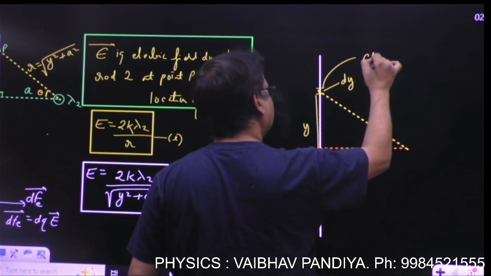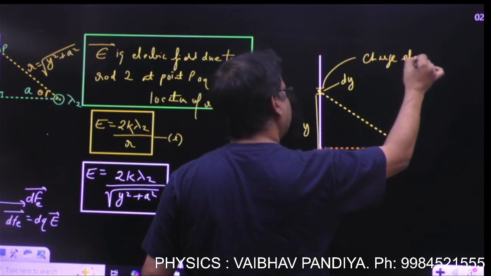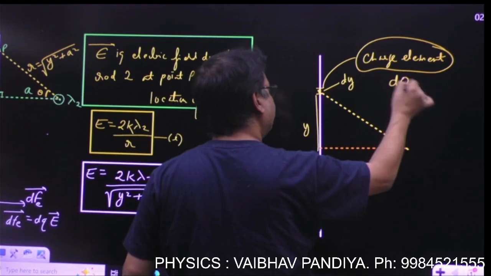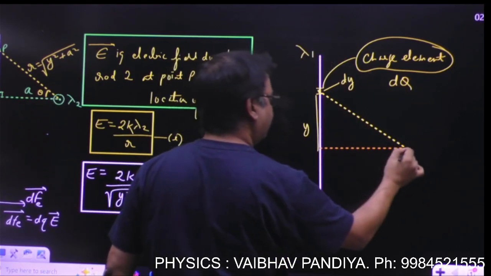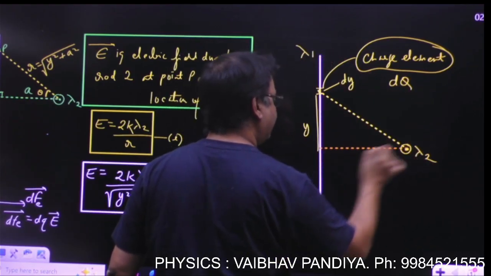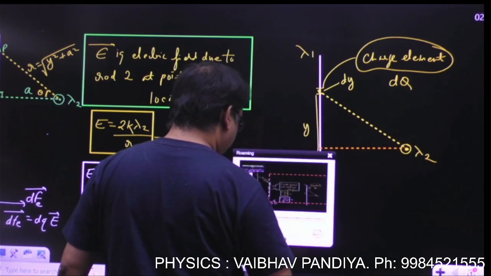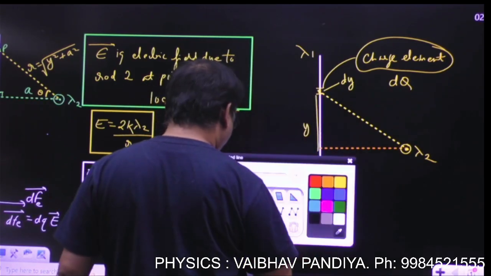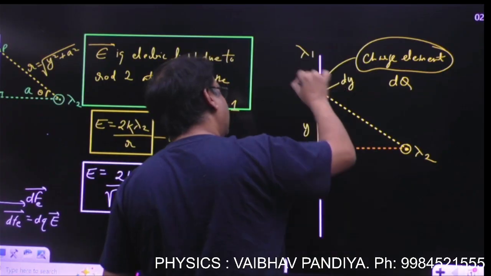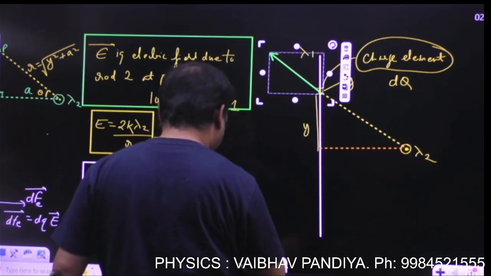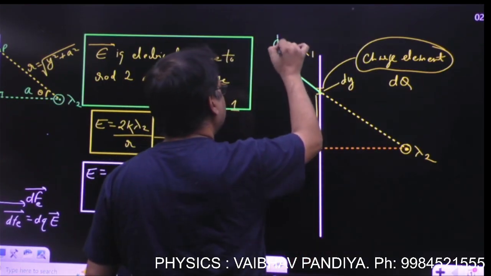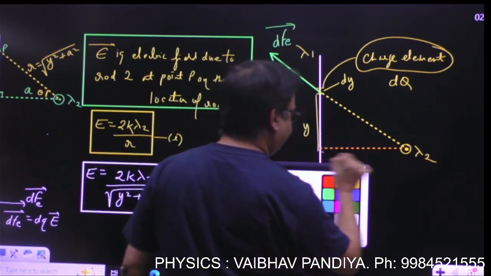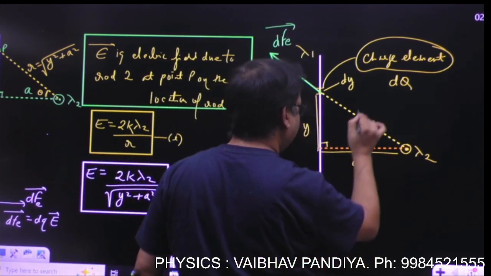This is an infinitesimal charge, say dq, on this rod, and this is another rod with lambda 2, this is lambda 1. This field E will exert a force on dq in the direction of the field, something like this, correct? So let it be dF_E, and this is a, and this is R.